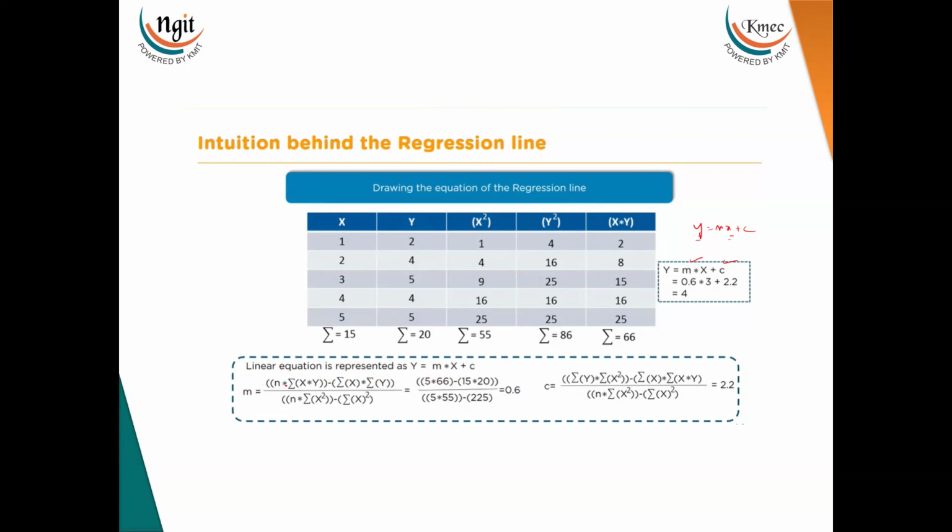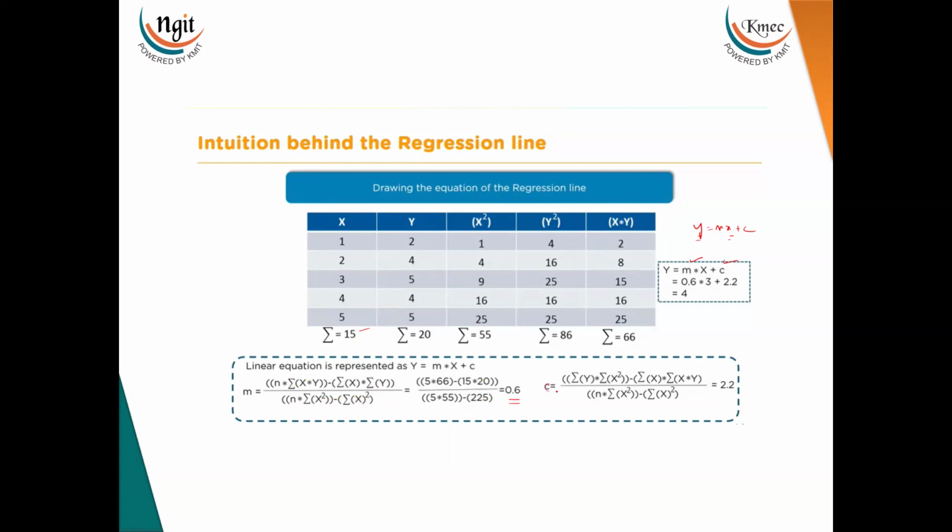There is a formula: n into sigma xy minus sigma x into sigma y, divided by n into sigma x square minus sigma x whole square. So substitute all these values x, y, x square, x whole square into this. At last we got the answer m equal to 0.6.